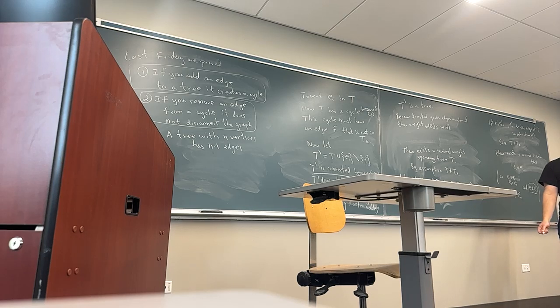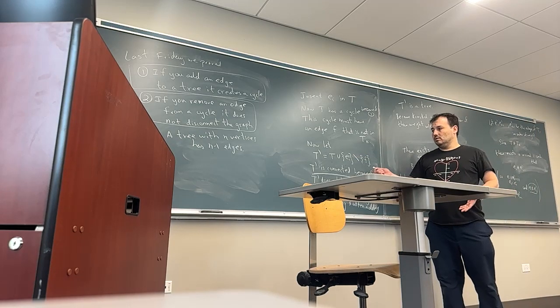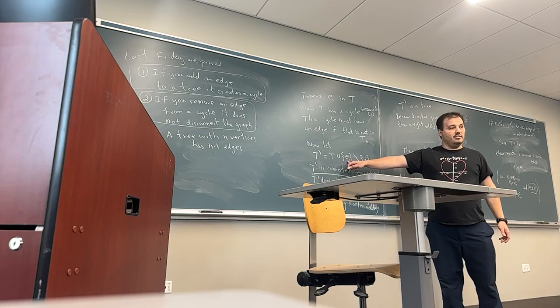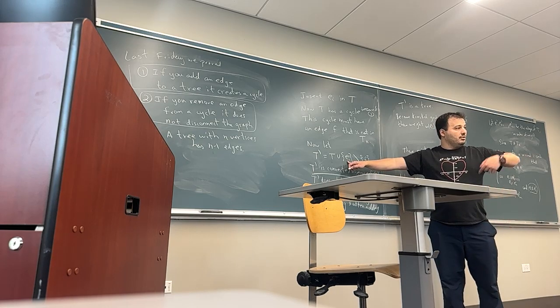Because if the weight of F was smaller than the weight of EI, then you could have just grabbed F to begin with, and it wouldn't form a cycle because T prime has no cycles. So we could have picked F instead of EI in the Kruskal algorithm.